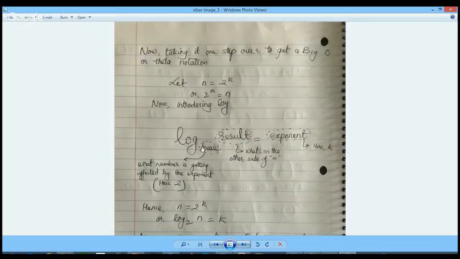What it means is the base is the number which is getting affected by the exponent. Here, 2 is the number which is getting affected by the exponent k. So the base is 2, and the result is what's on the other side of the equation, which is n. So log base 2 of n will be equal to the exponent, and here the exponent is k. So the value of k here is log 2 n.